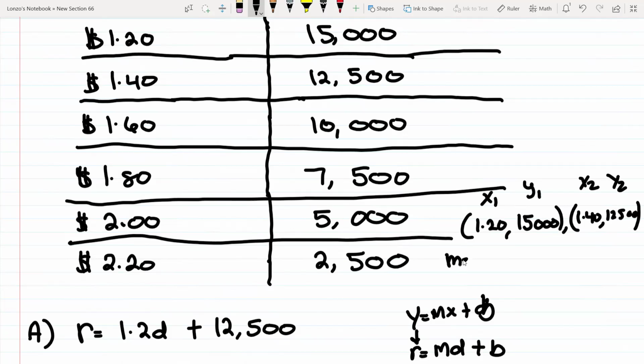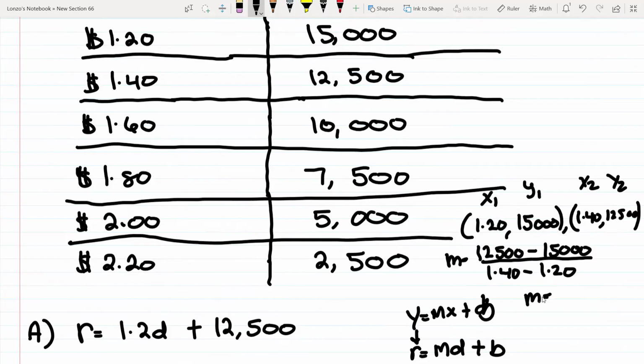If you figure out the slope, it's going to be y2, which is 12,500, minus y1, which is 15,000, over my x2, 1.40, minus my x1, 1.20.